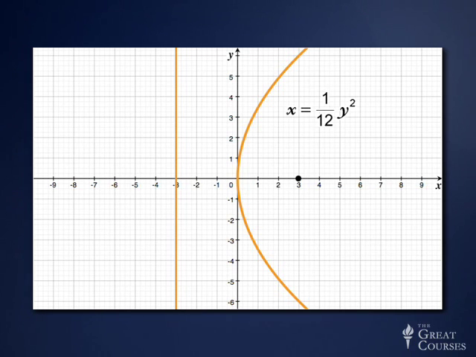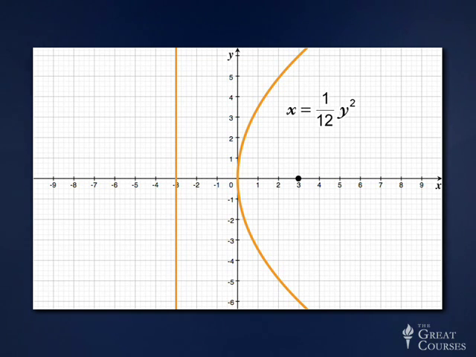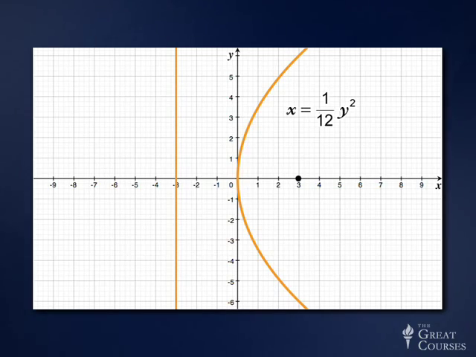Notice the y squared there, that's the quadratic part of this equation. Notice also that we have x equals y squared as opposed to y equals x squared. And it's that switch in the relationship between x and y which is making this parabola sit on its side, if you will, as opposed to opening upwards.